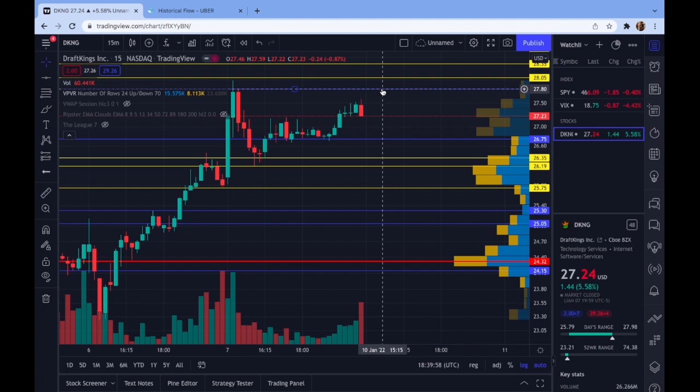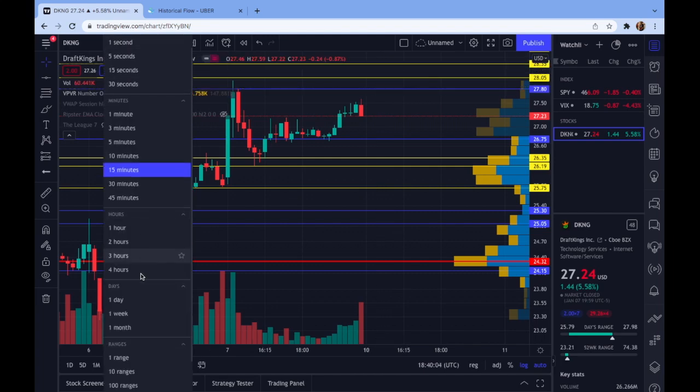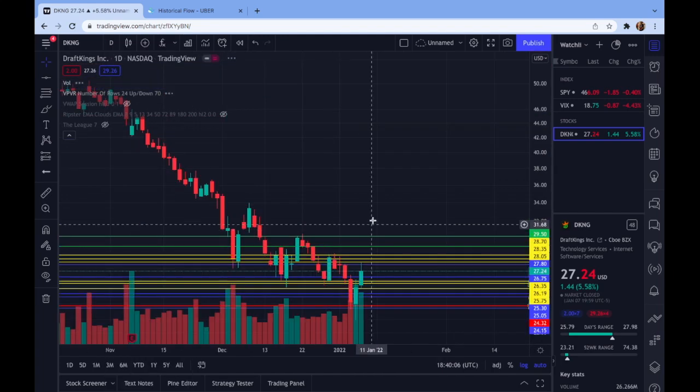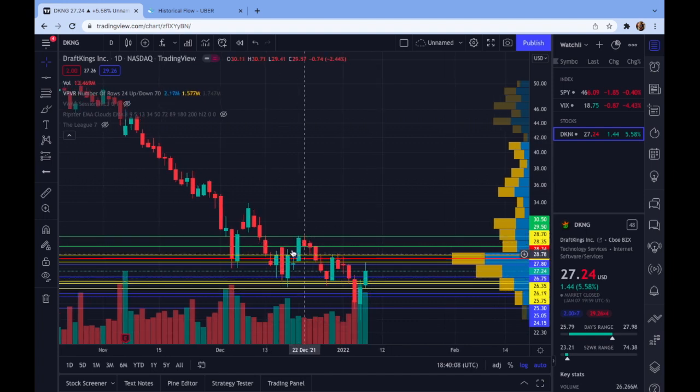The last thing we want to think about when incorporating all of this is just the stock's personality. As we can see here on the daily with DKNG, it does have these big days where it goes $3, maybe $4, but most of the time it's stuck in that 2.5 range on the daily.